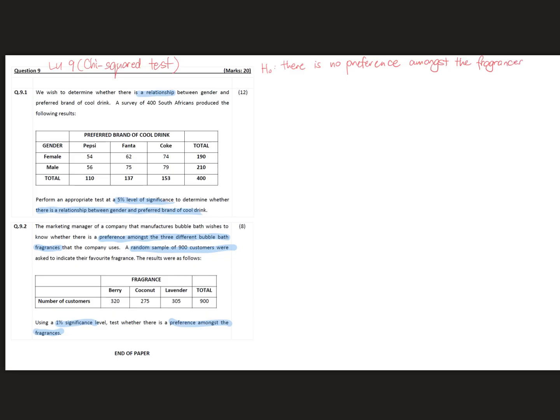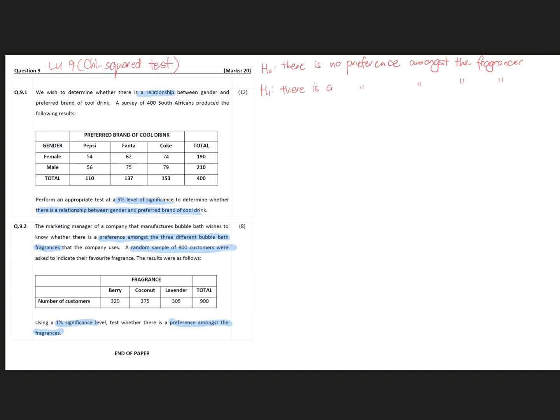And your alternate will say the opposite, that there is a preference amongst the fragrances. And that is your null and alternate hypotheses done.